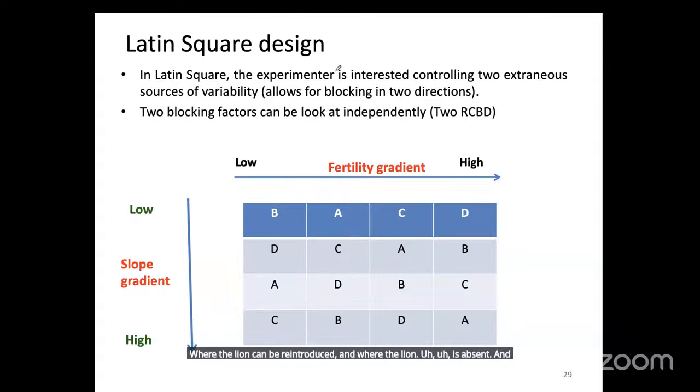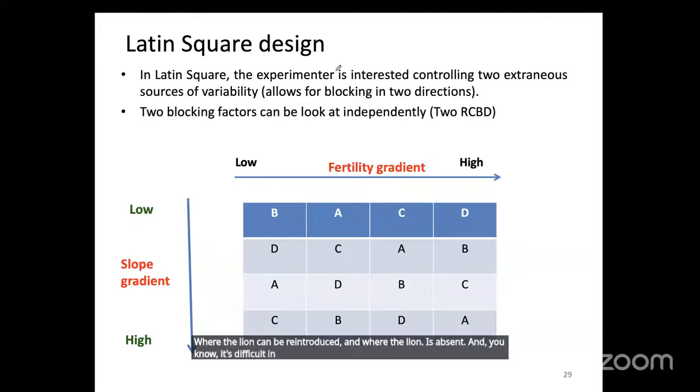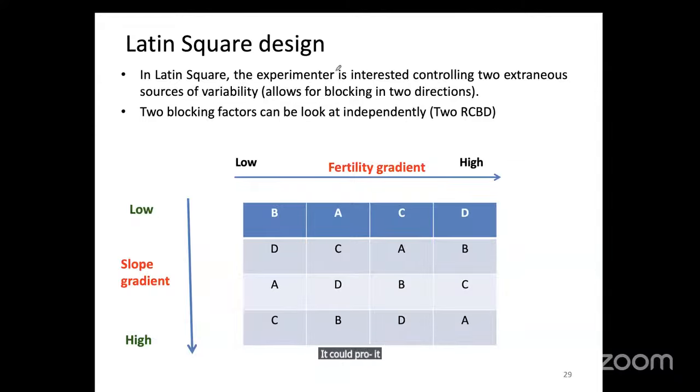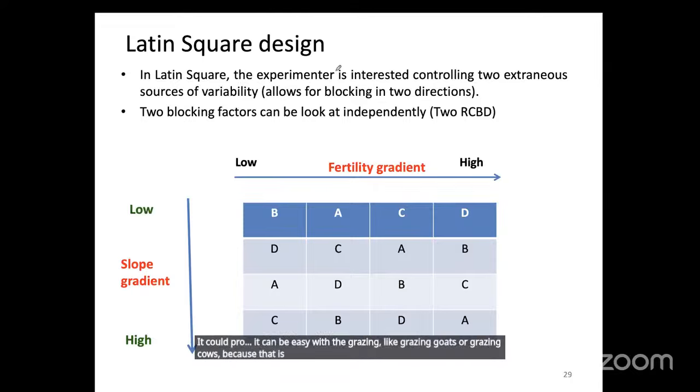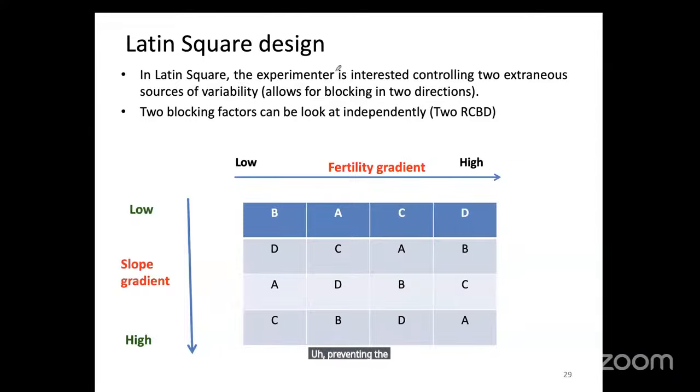It's difficult in that sense. It can be easy with grazing, like grazing goats or cows. So if it is possible for you to partition the areas, and you have a way of preventing the lions from passing on to another area, then you can do that.